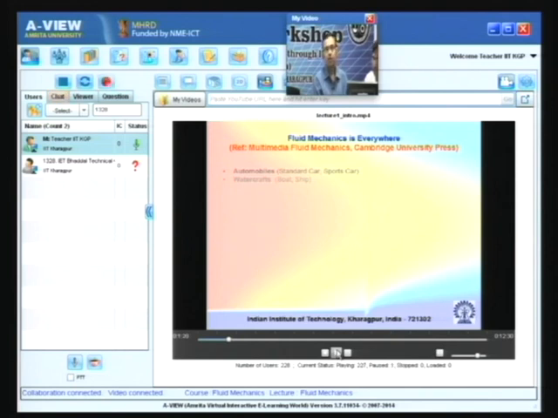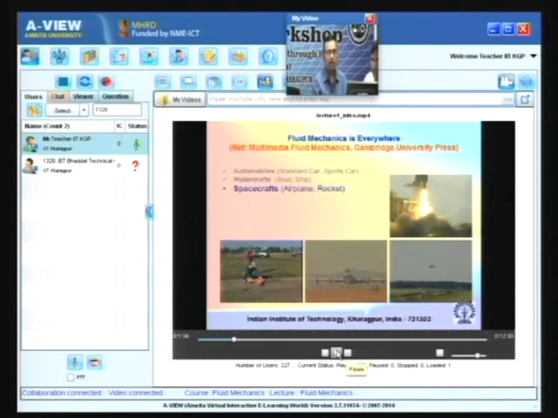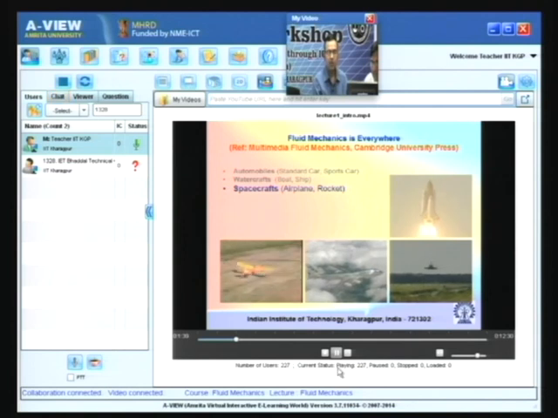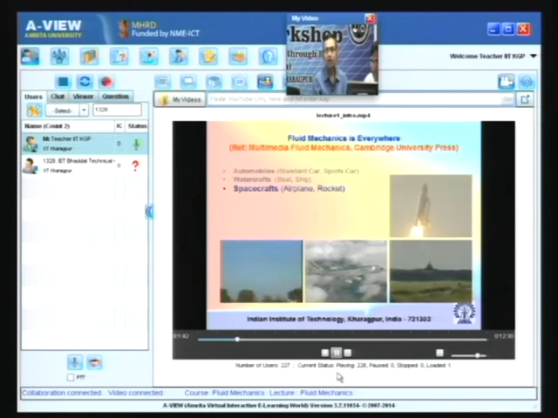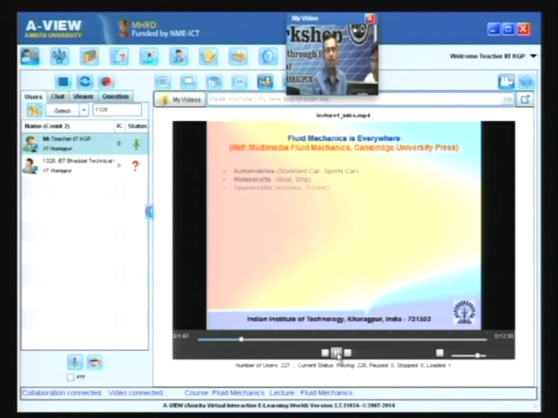Now, beyond watercrafts we can think of spacecrafts as well, and here you can see some examples. If you look into this collage of movies, the spacecraft being launched or an aircraft taking off and landing, you will realize that there is a very interesting flow taking place.